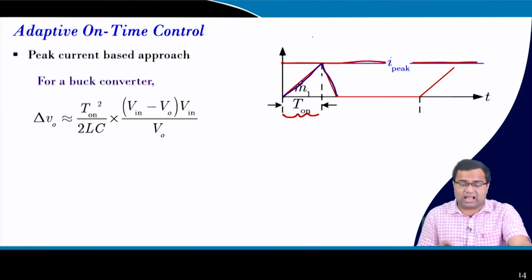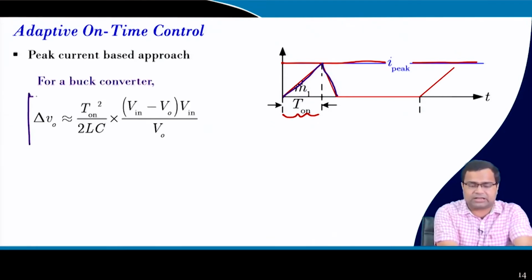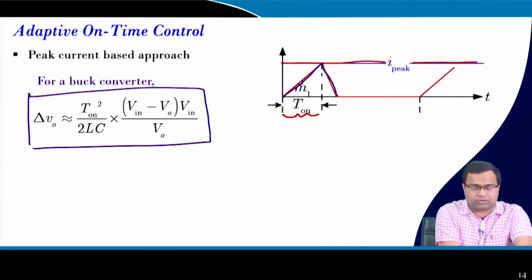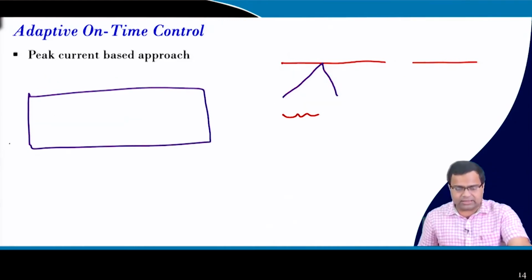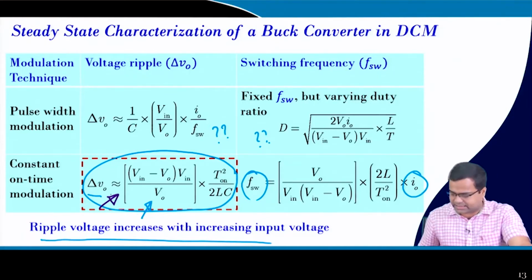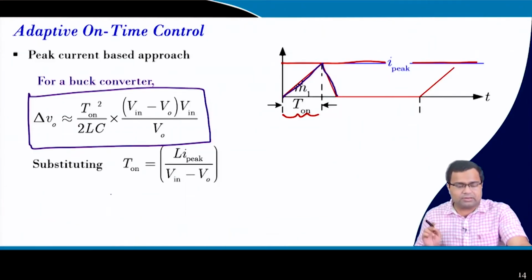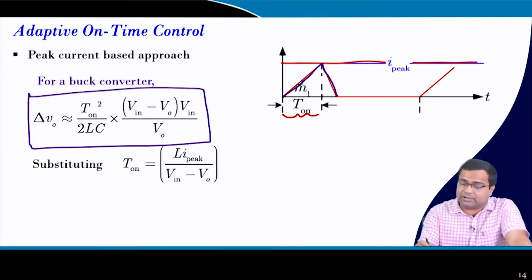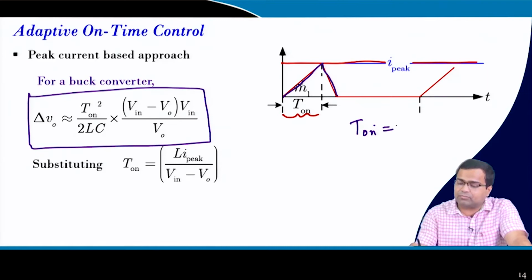we already know the output voltage ripple expression of a buck converter under constant on time control, we have discussed it in the previous slide. So, this is our expression that I am rewriting again. Now, what is my on time? Here my on time will be the peak current divided by M1.